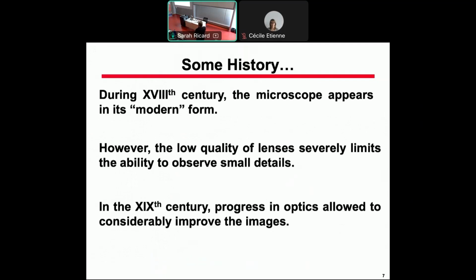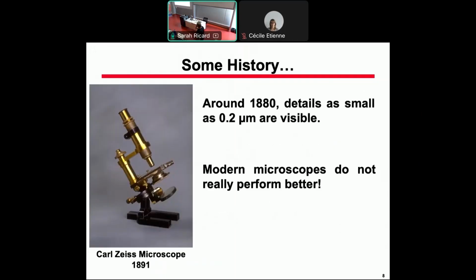So the progress was very rapid, except for the glass. The glass was really a problem, making good quality, transparent glass. So one had to wait till the 19th century to get really good microscopes. And when I say good microscopes, this is a card-size microscope from the end of the 19th century.